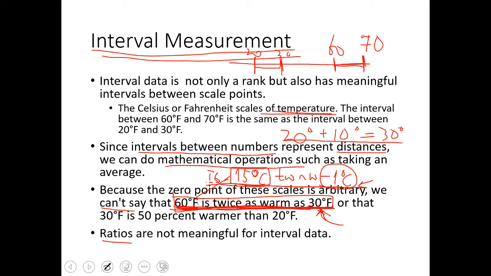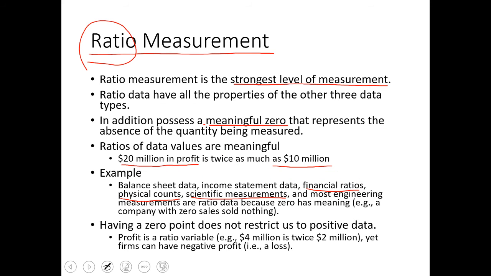If the data is called ratio, then, for example, with profit, 20 million profit is twice as much as 10 million dollars profit.